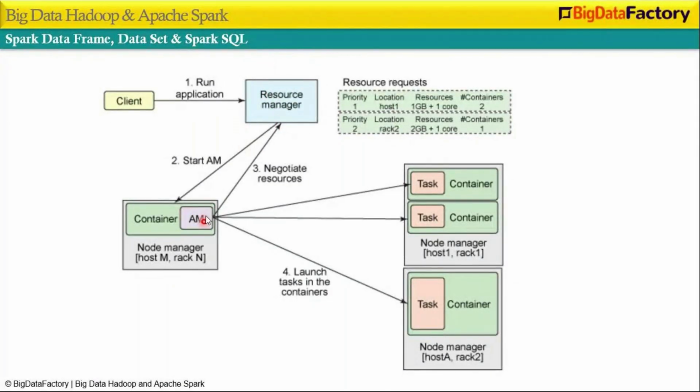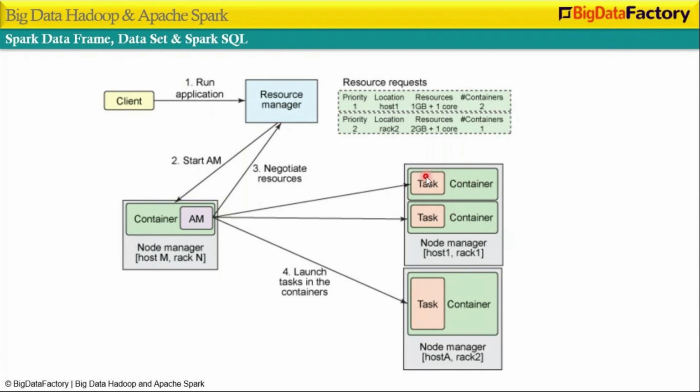So based upon his request, he is going to provide those particular resources to the application master, and the application master allocates those resources to that particular application. It is going to reserve certain containers in the node manager, and the execution will start.